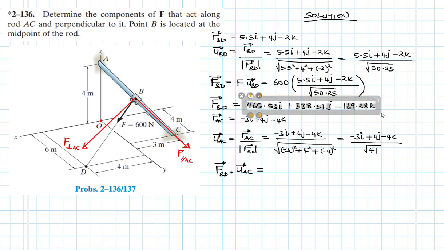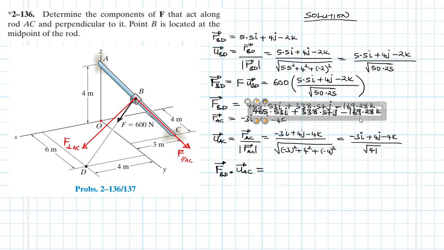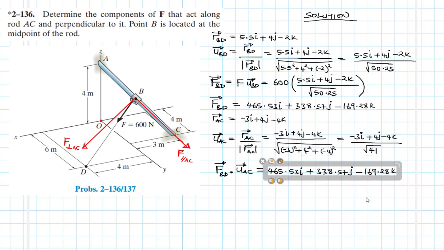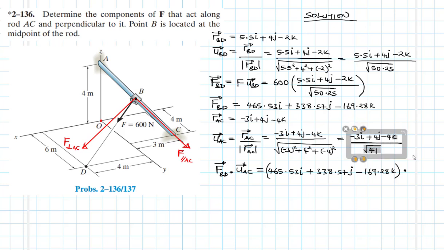let me see if I can copy this, so that I bring it here quickly, like so. Dot the unit vector AC. Okay, can I copy it also? I think so, I can.